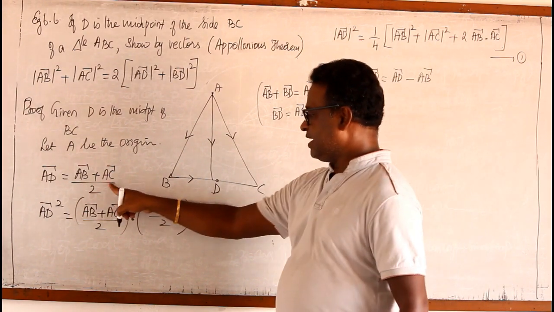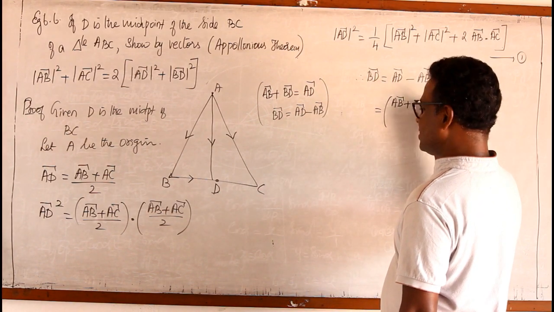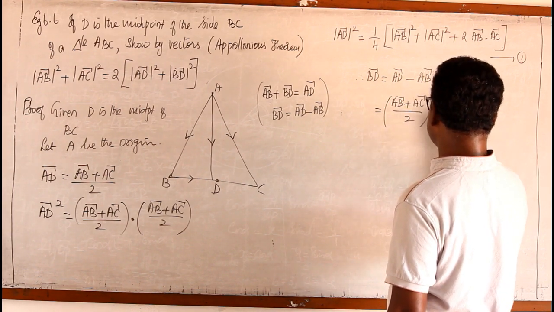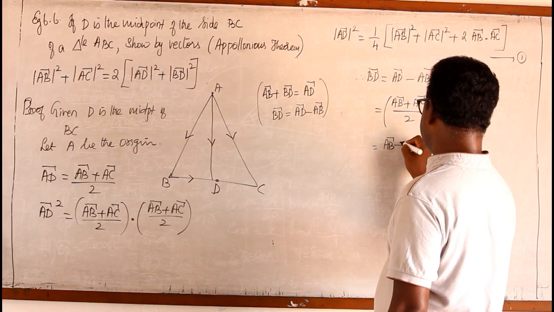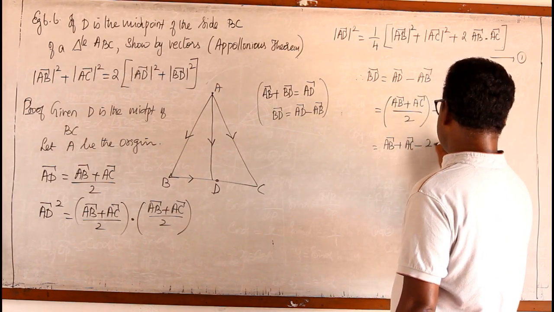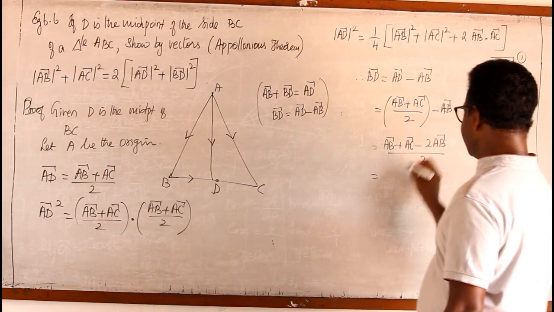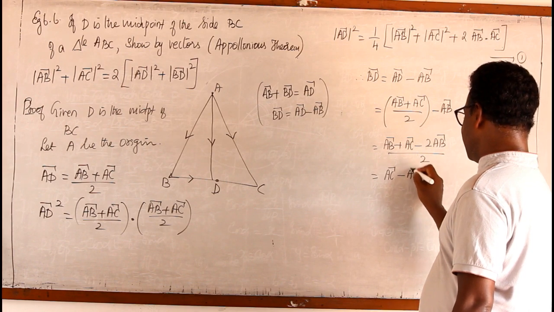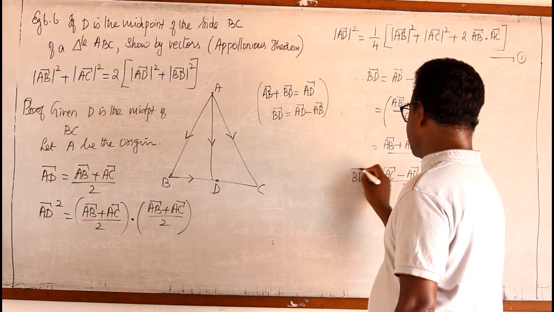AD vector we have already, so it is AB vector plus AC vector by 2 minus AB vector. If I take LCM, it is AB plus AC minus 2AB by 2. So I can write this as AC vector minus AB vector by 2. This is BD vector now.